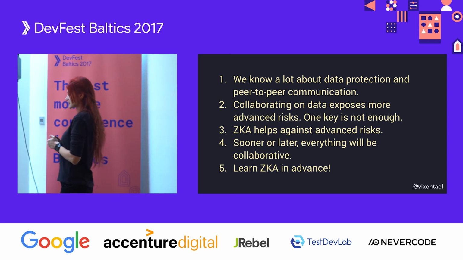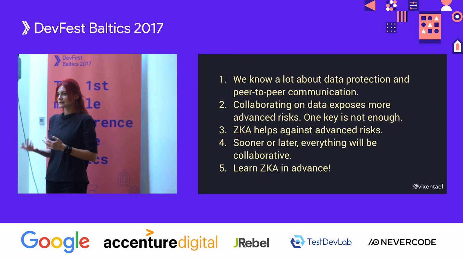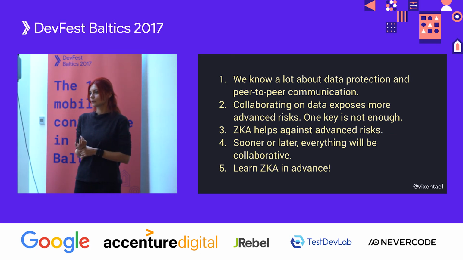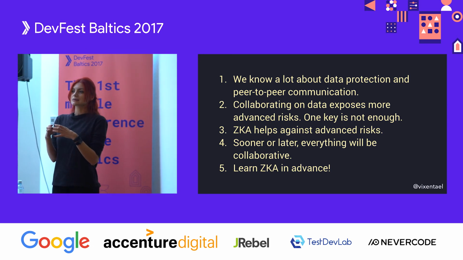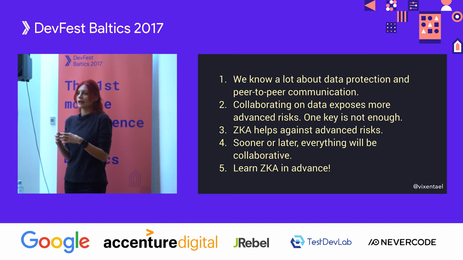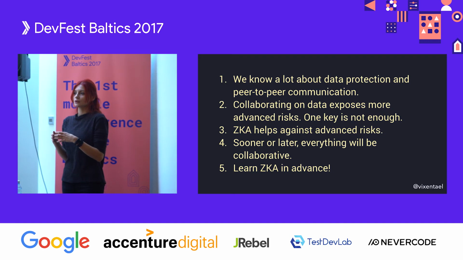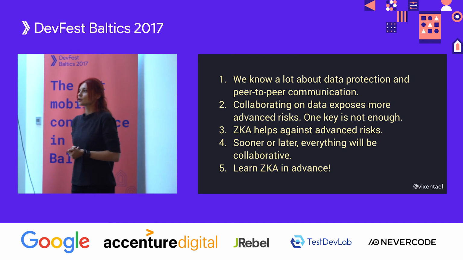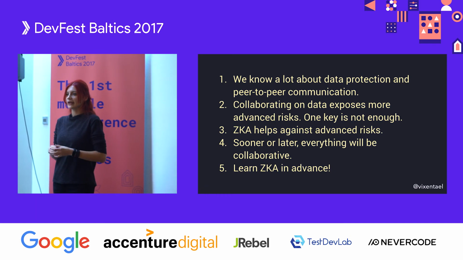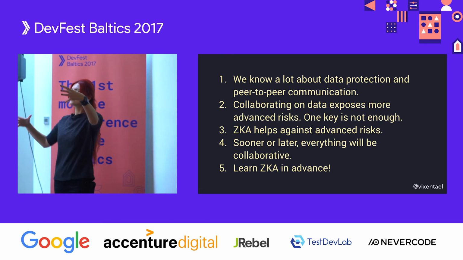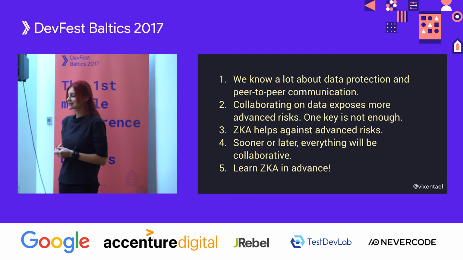And the thing is that users are collaborating on the data, and they will collaborate on the data more and more every year. Even if your application right now is single user, made for only one user to generate the data, maybe later you will add the ability to collaborate, to share this data with someone else, to use the manpower to create some cool things.